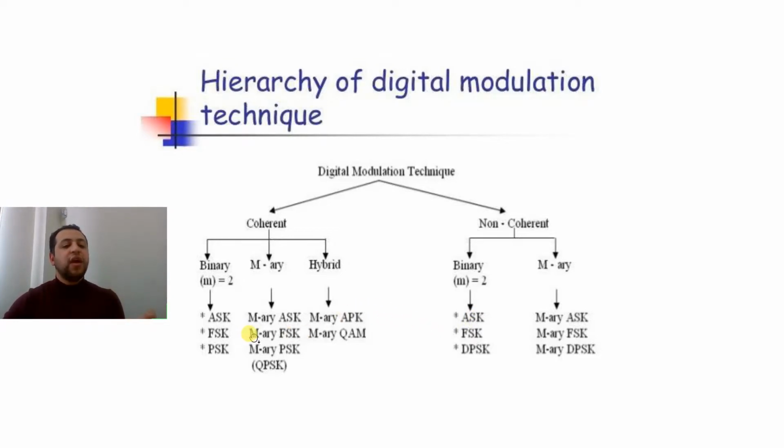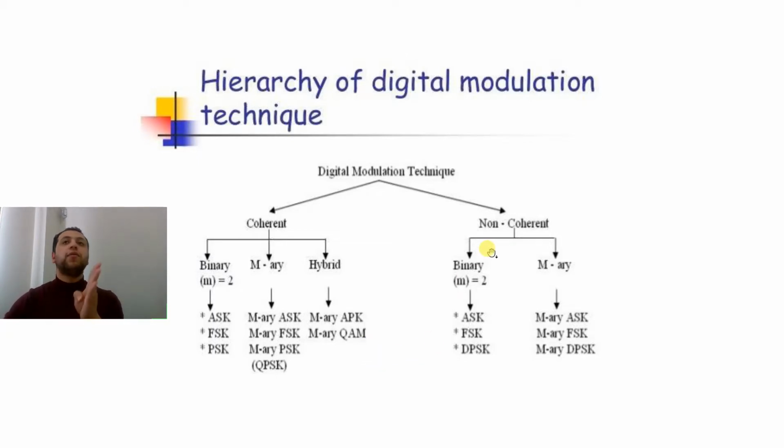Give me an example of coherent. You can say amplitude shift keying, frequency shift keying, phase shift keying. Basically, the most common coherent schemes are amplitude shift keying and phase shift keying.